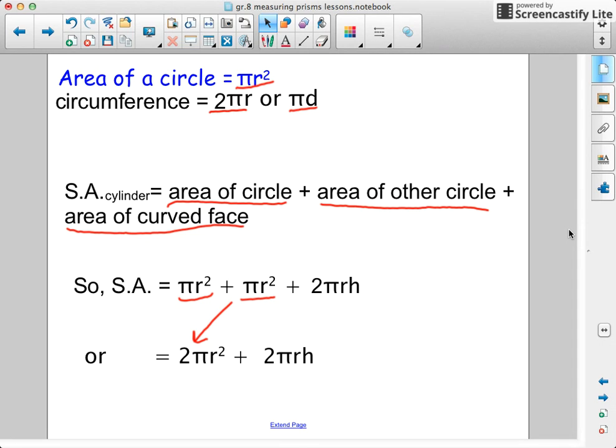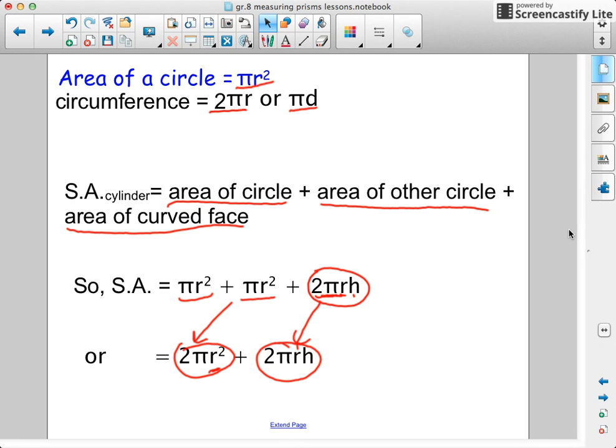Those are identical, so you can just multiply by 2 to get 2 pi r squared, plus the curved surface, which is 2 pi r times the height. 2 pi r is the circumference of the circle multiplied by the height of the cylinder. So this is our formula for the surface area of a cylinder. Now you need to use the radius of the cylinder for this r squared. It's not the diameter for that one.